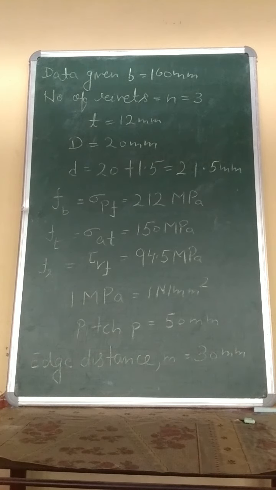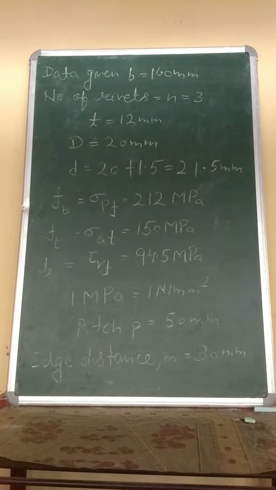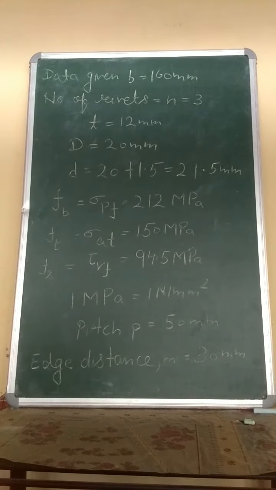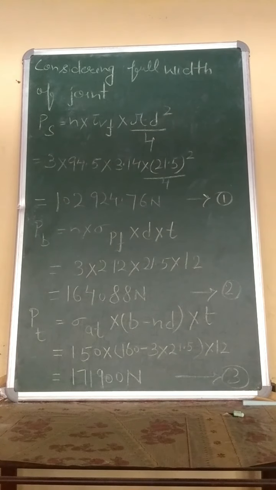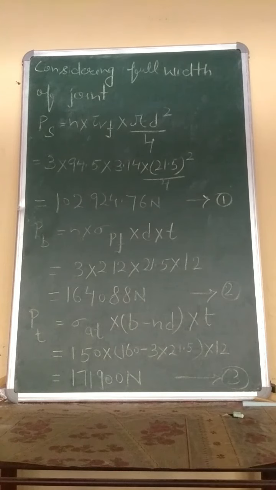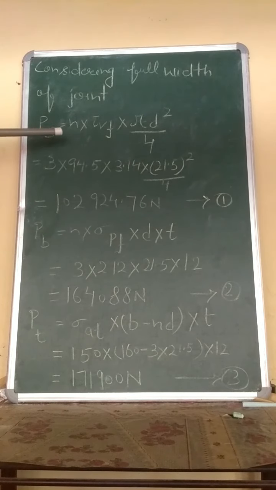For considering the full width of the joint, we have to calculate the value of PS, PB and PT. Shearing strength of the joint PS is equal to N into tau VF multiplied by pi d square over 4.